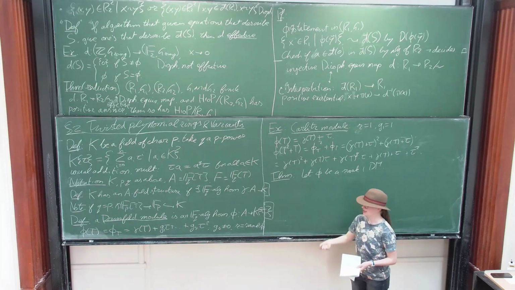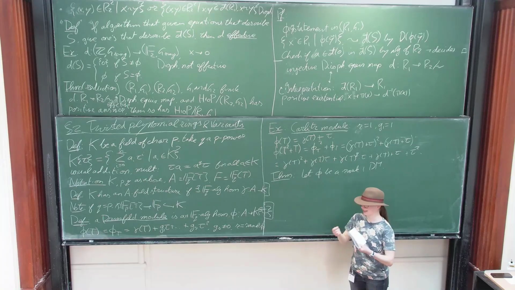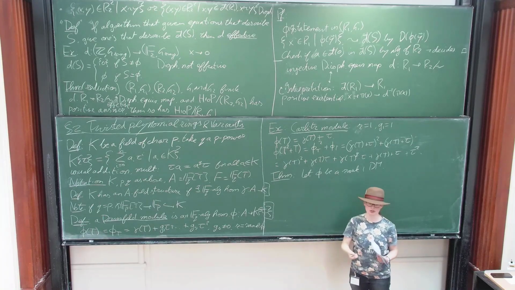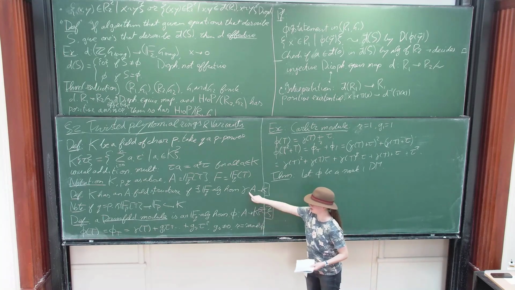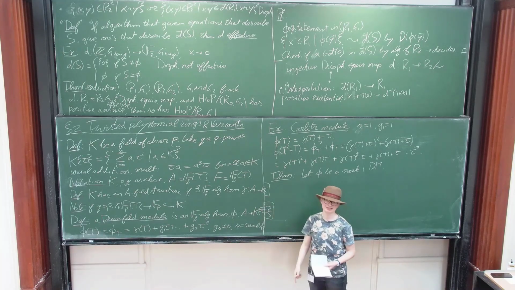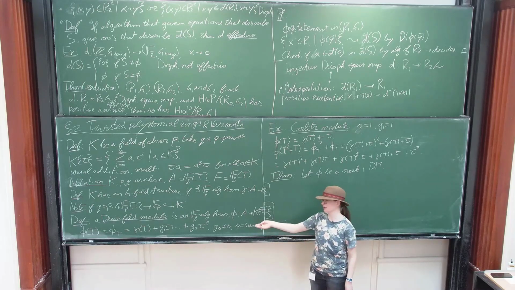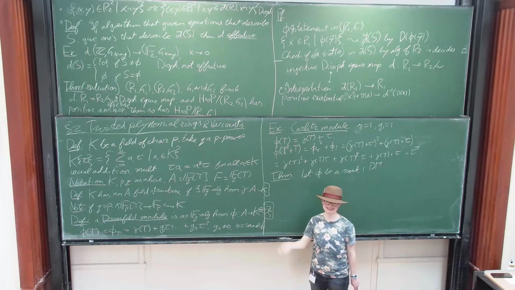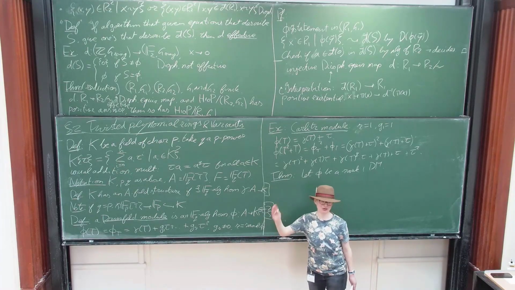And that allows you to set a different module structure on K. K already has an A-module structure by gamma, multiplied by the element. But you can use a Drinfeld module to put a completely different module structure on this K. That's why they're called Drinfeld modules, which is an annoying name because I don't want to explain exactly how you do that. And for our purposes, we only use the fact that they are F_q-algebra homomorphisms.